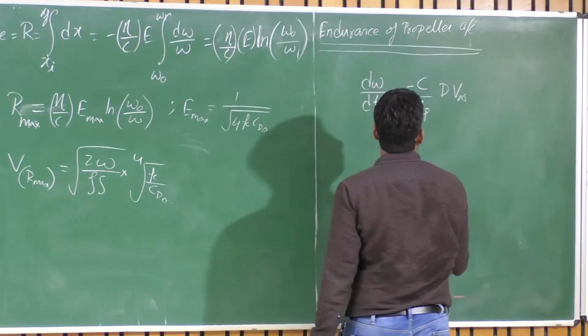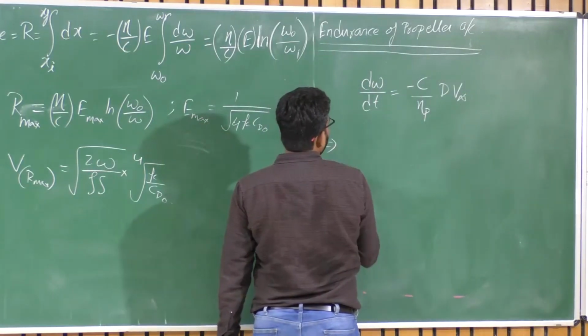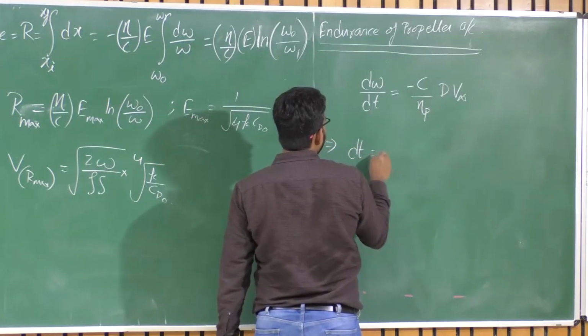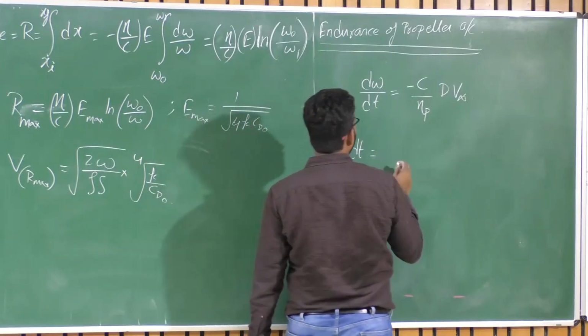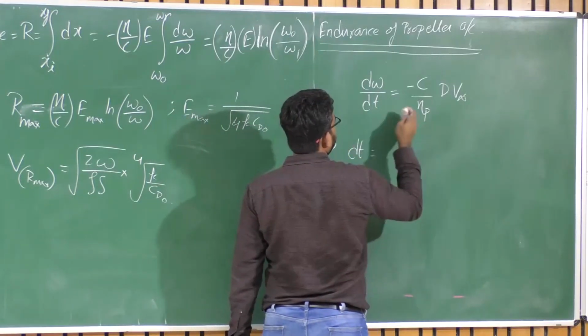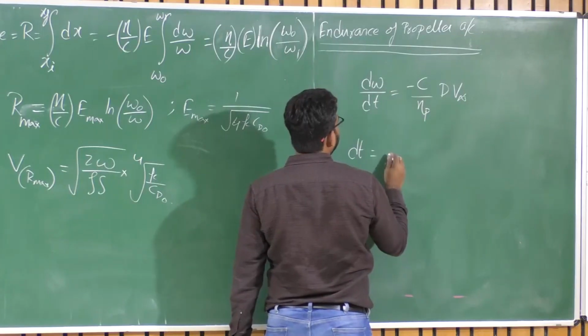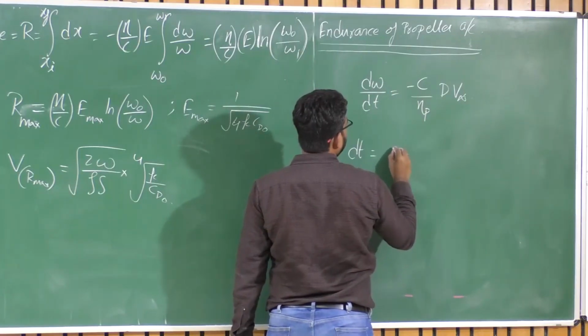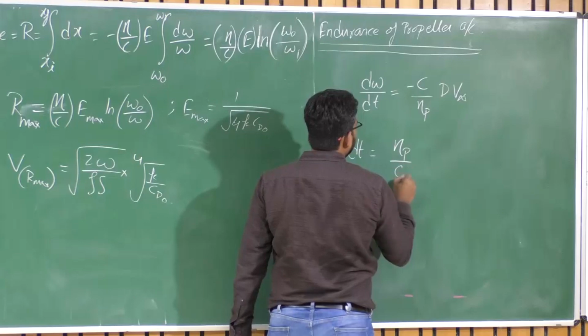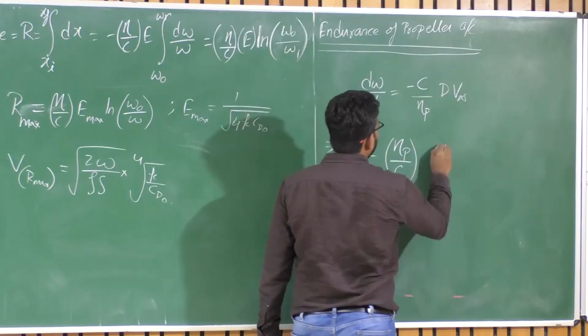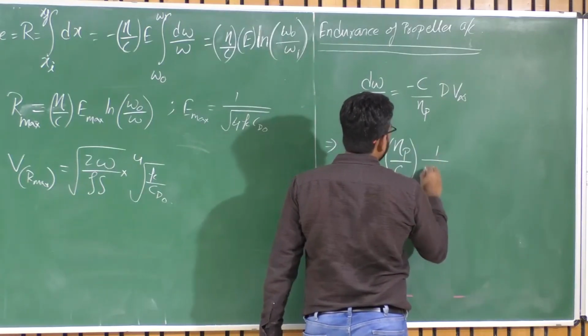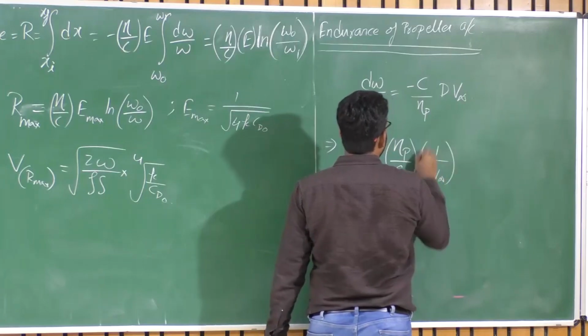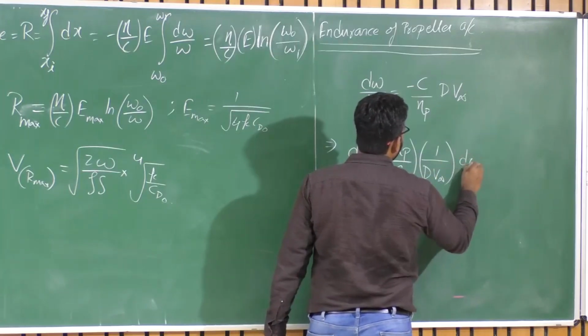Drag into velocity. So if I want to find dt or the maximum endurance, I am trying to rearrange this equation, which is eta of the propeller times C, right? 1 over D into V infinity times dW.